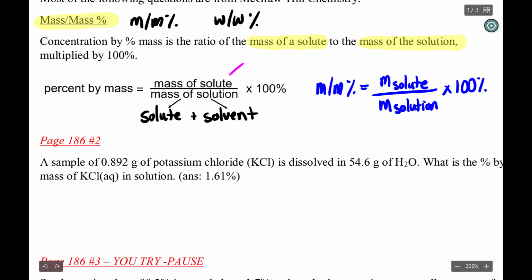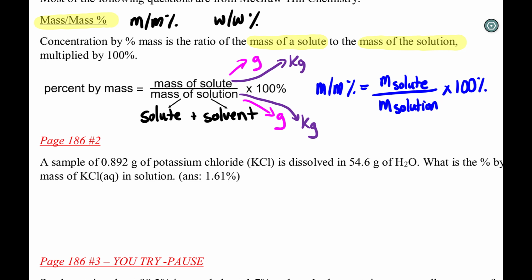So for instance, if you're grams on top, then you should be grams on the bottom. Or if you have kilograms on top, you better have kilograms on the bottom. It's important to just make sure that you have the same unit, top and bottom, whichever mass unit that is.